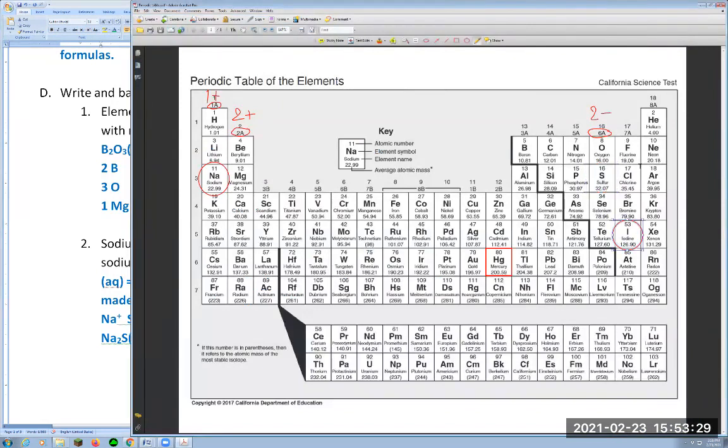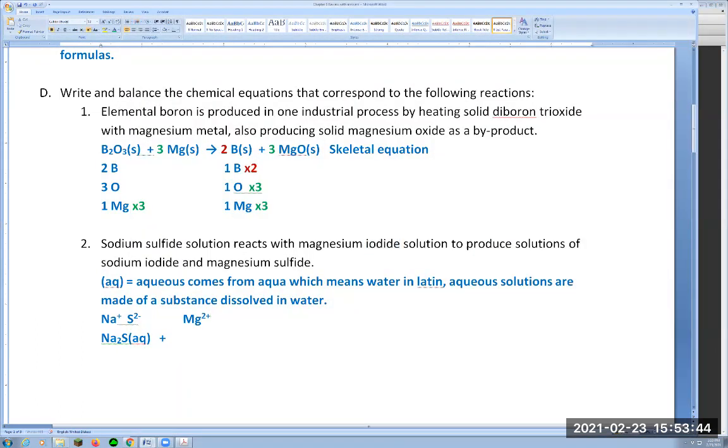Iodine is in group 7A, it's a halogen. And as all halogens, it's making a -1 ion. So it's I-. The I is written normally, and then the -1 is a superscript.